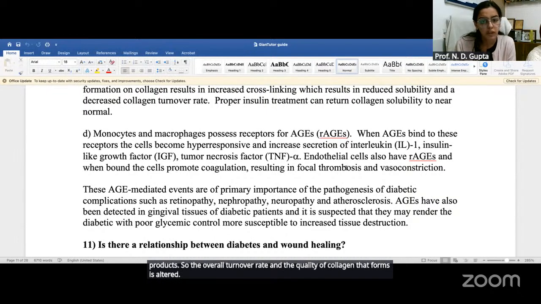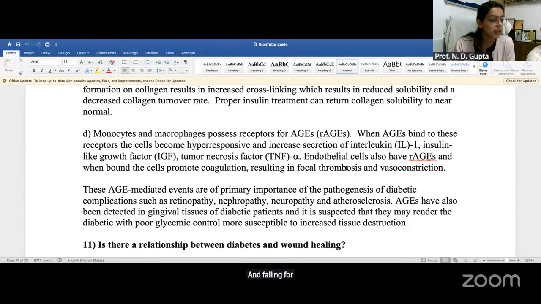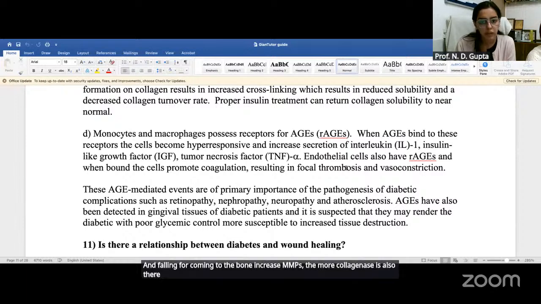Increased MMPs mean more collagenase is also there. And coming to bone healing, there is an increased ratio of RANKL to osteoprotegerin, so there is more activity of osteoclasts in comparison to osteoblasts. All these mechanisms eventually lead to delayed wound healing in a diabetic patient.